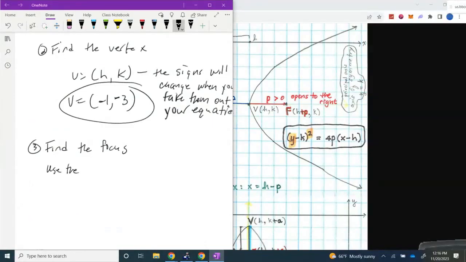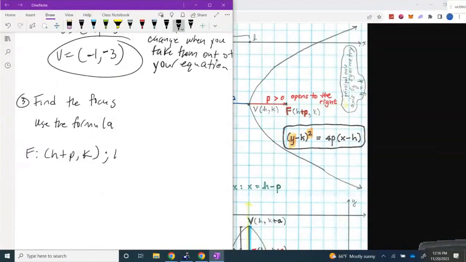So to find the focus, we're going to use the formula. The focus is H plus P, comma, K. What is H? Well, H is going to be -1. What is P?